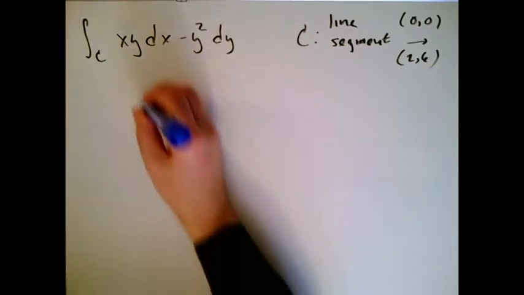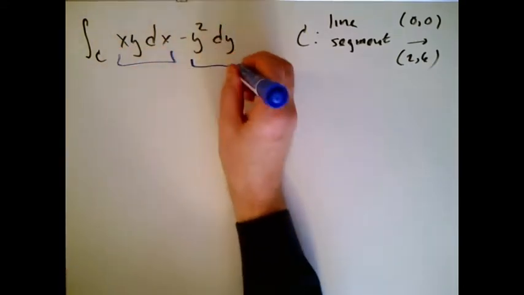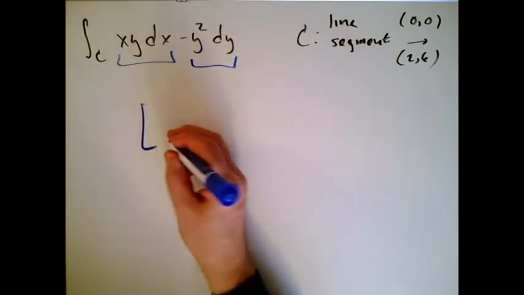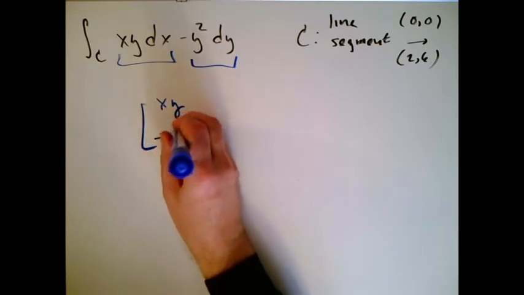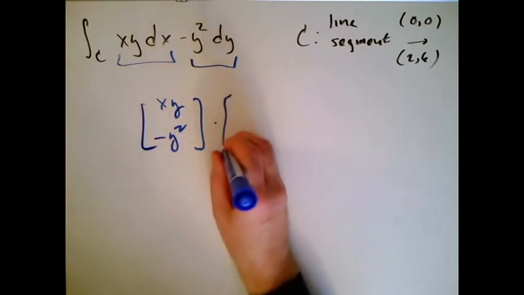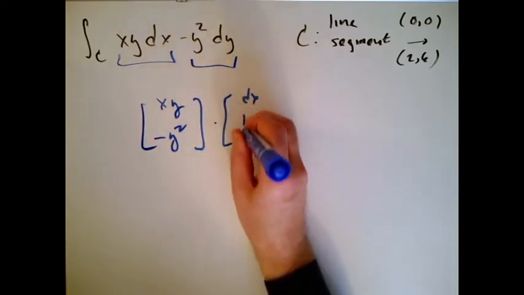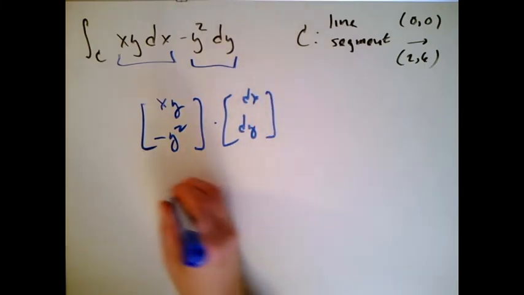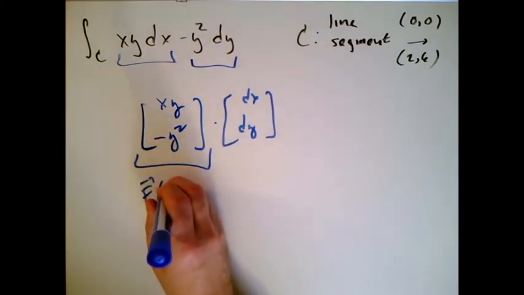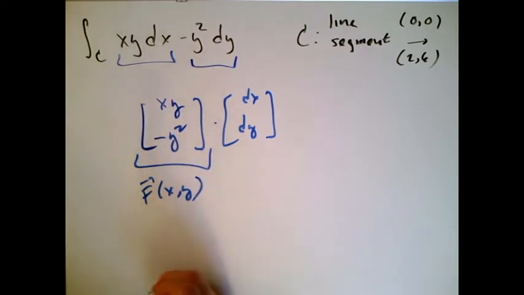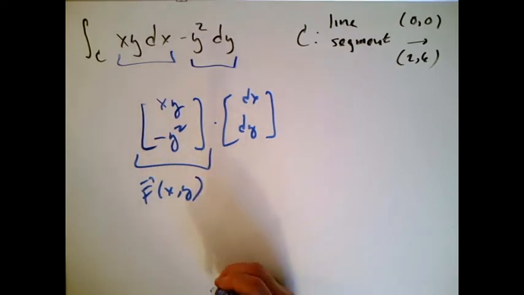Well, this actually looks like a dot product if you look at it. This actually looks like two vectors being dotted: xy and minus y squared being dotted with dx, dy. This is actually going to wind up being our vector field right here. You're plugging in a point and you're getting a vector.